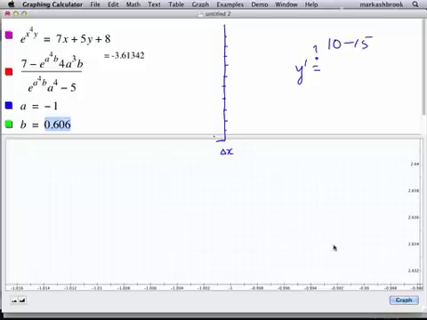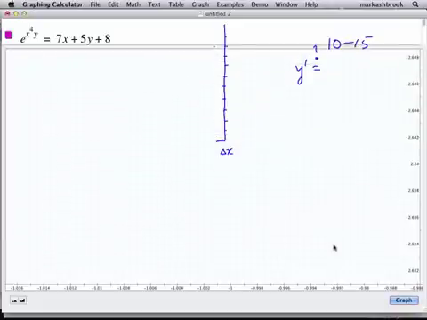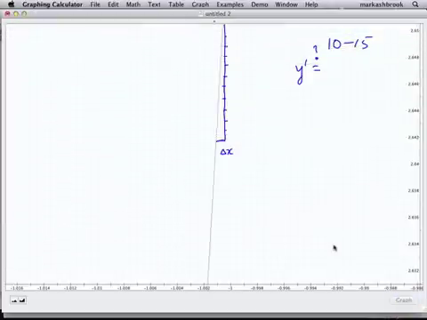Oh shoot, I forgot what it was. What was it again? Where's the negative 1 coming from? 2.6 something. I'm just going to zoom out once.